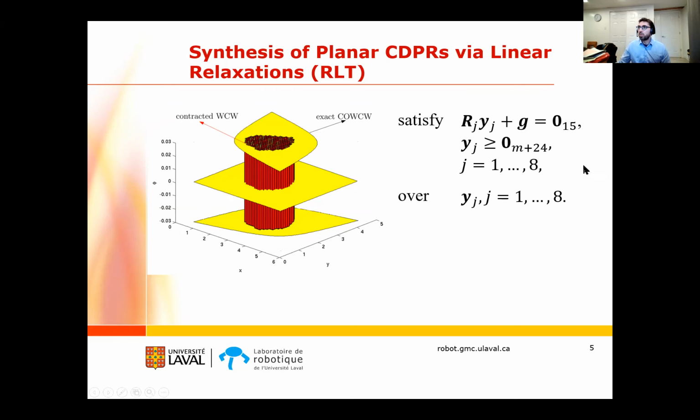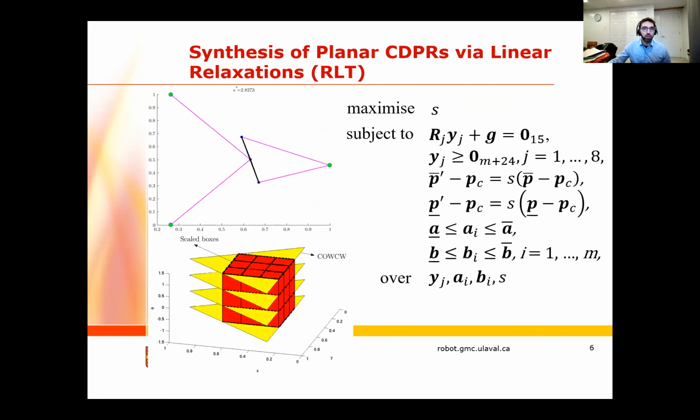So our idea was to use these conditions to do the optimization. Now we let the geometry of the cable robot, which is embedded in this matrix RJ, be a variable. And so we optimized while ensuring that all these boxes remain in the wrench closure workspace, because we needed to satisfy all these conditions there. So that's what we did. And we tried some randomly generated geometries of cable robot.